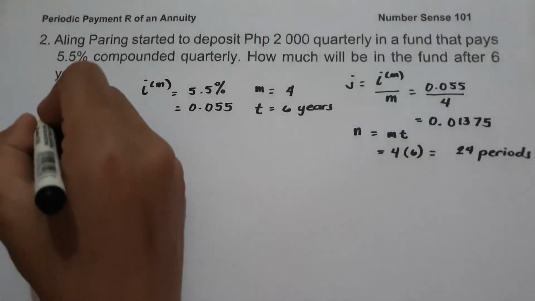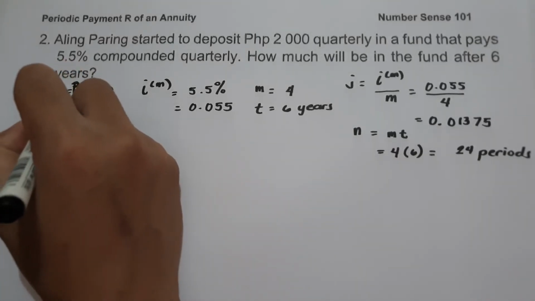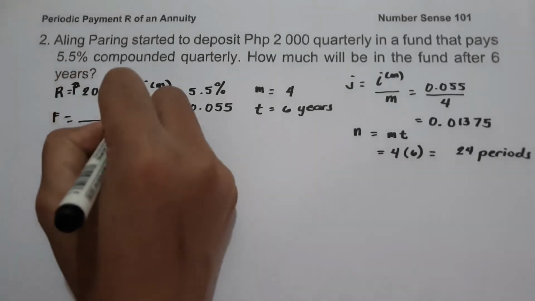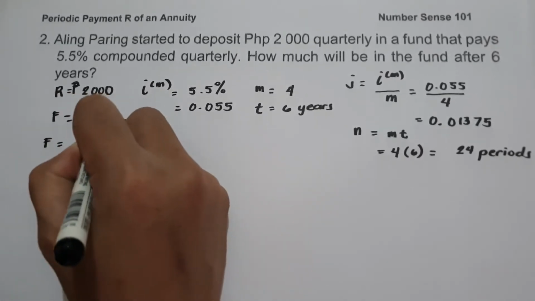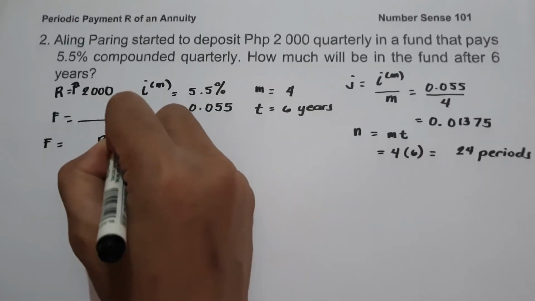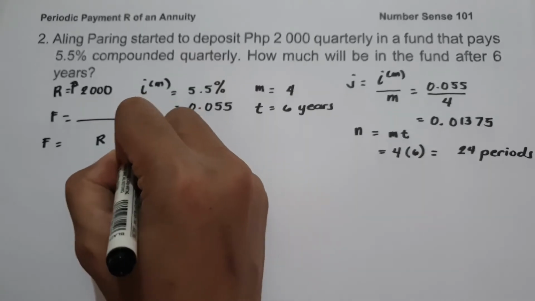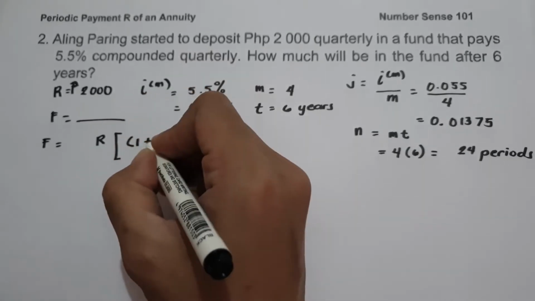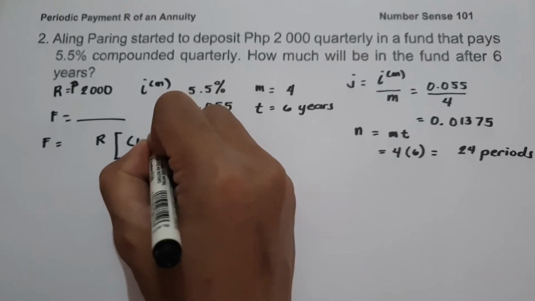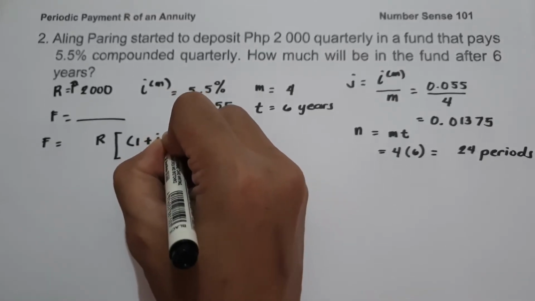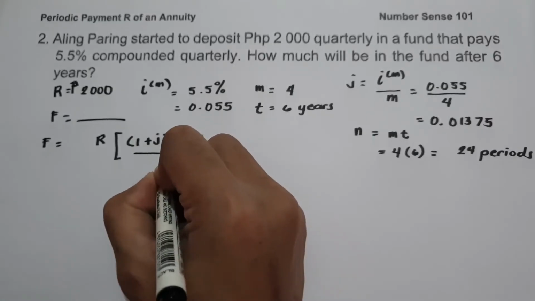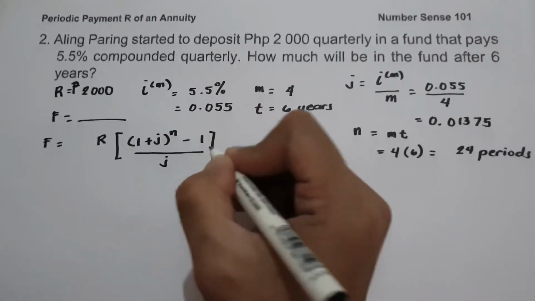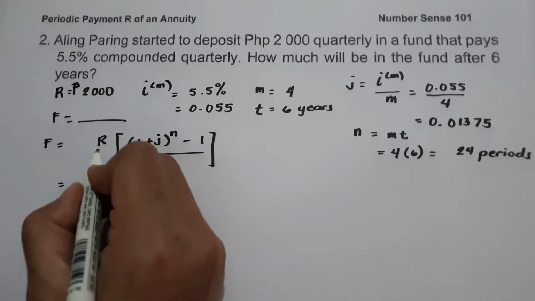So to find the future value or the amount of money after 6 years, let us use the formula future value equals regular payment multiplied by quantity 1 plus interest rate per period, that is J, raised by N minus 1 all over the value of J. So let us substitute our given.